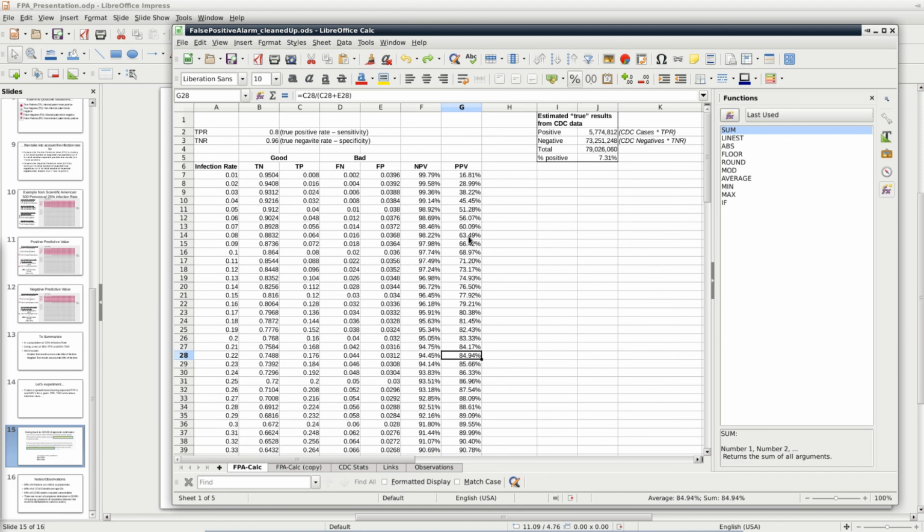Because if you get down here to only 6%, it's no better than a coin flip. If you get a positive test, it is slightly better than a coin flip. So to me, the natural question is, what is the true infection rate of SARS-CoV-2 in the population that's being tested?